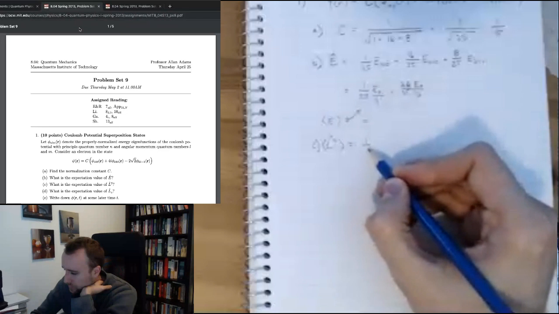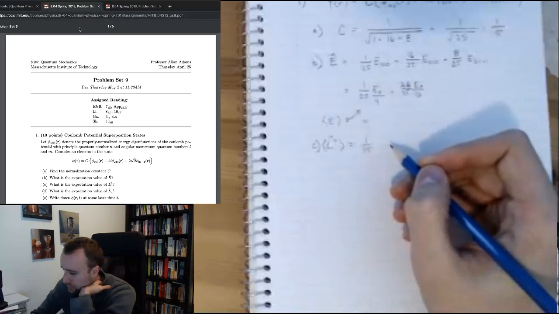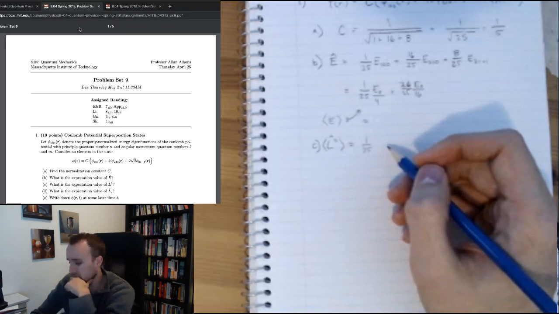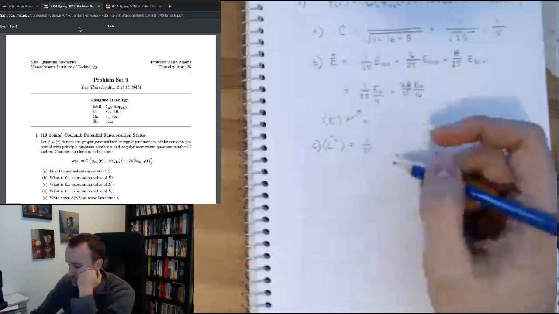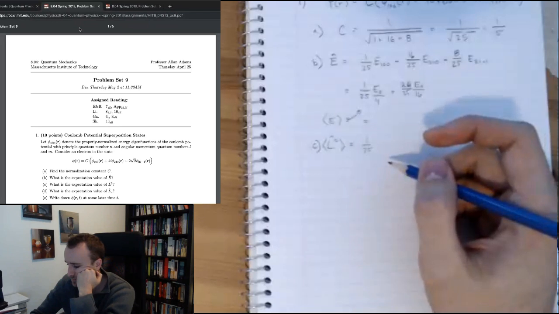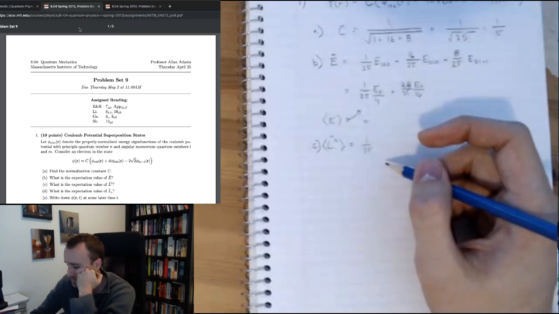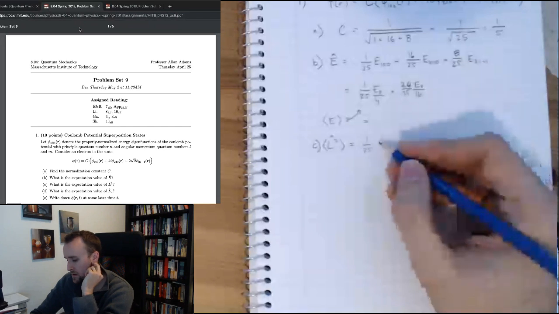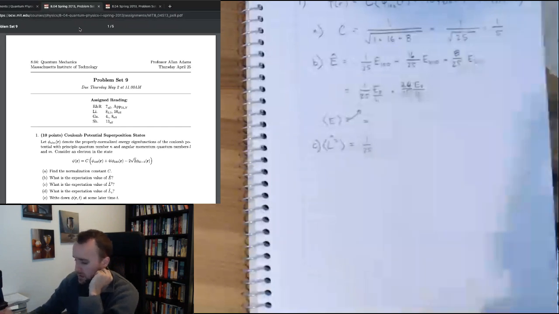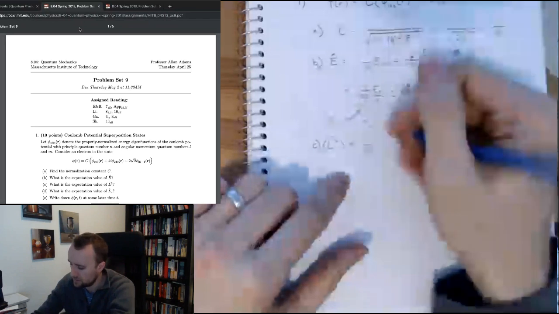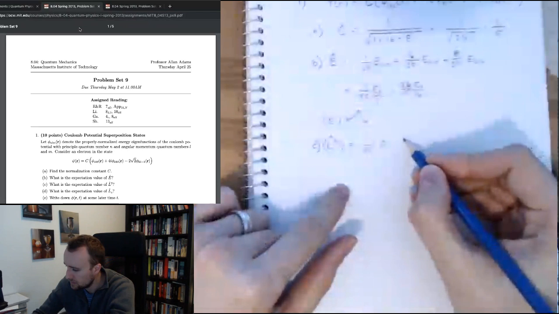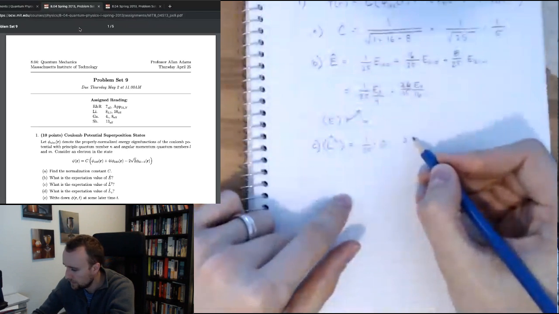So it's going to be what, 1/25. Don't remember the units of this. Wait, this is going to be times 0. There's no angular momentum there, and then this other one is going to be the same.